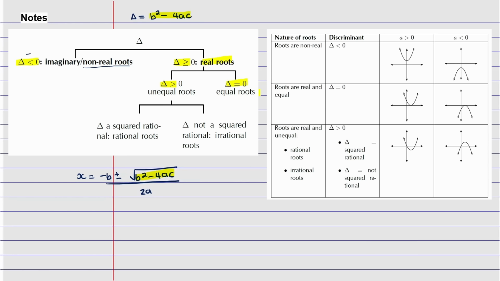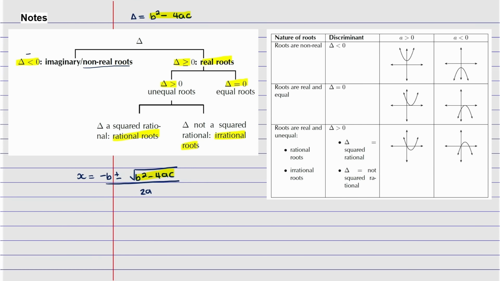If you find your delta equals 0, there are equal roots. Then under unequal, we have when it's a rational root and when it's an irrational root. That's how you trickle down the diagram.